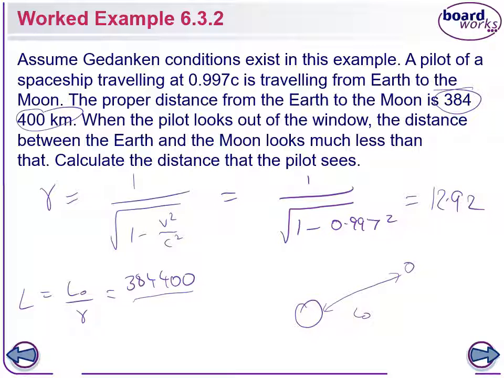Let's make it easier on ourselves. Divided by 12.92. And what do you get there? 297. Let's call it 298. There you go. So rather than having to travel 384,000 kilometers, you only have to travel 30,000. Less than a tenth.